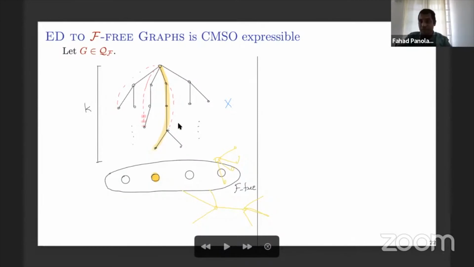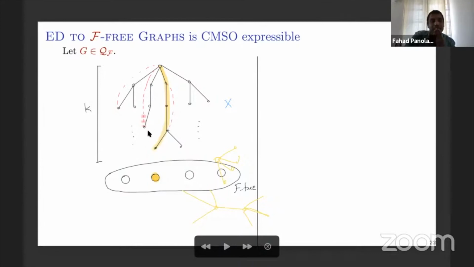which means that there is an elimination forest, and after you delete the vertices of that elimination forest, what you get is a graph which is F-free. For each connected component, the neighbors are on a leaf-to-root path, and the endpoints of the remaining edges of G will form an ancestor-descendant relationship.